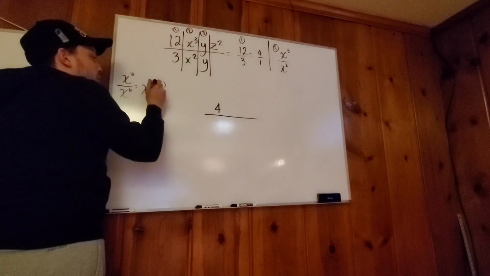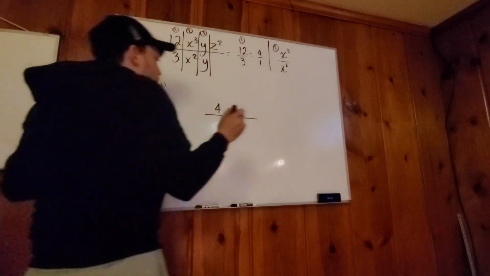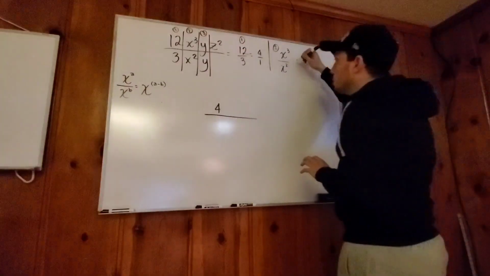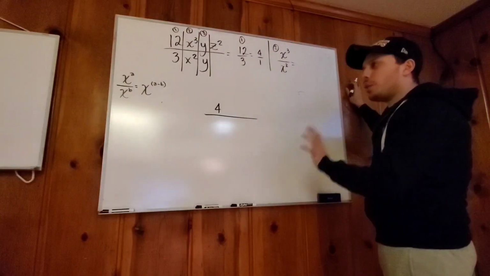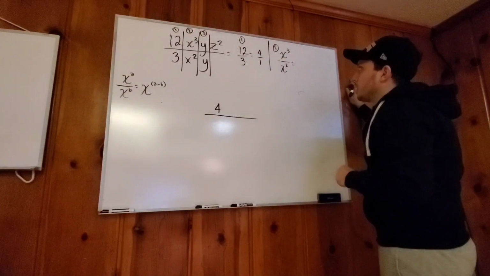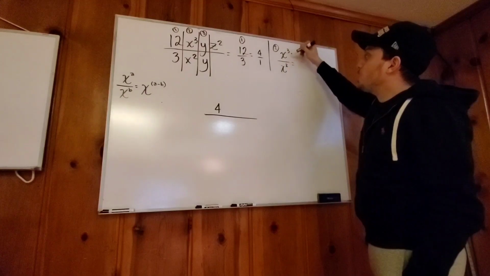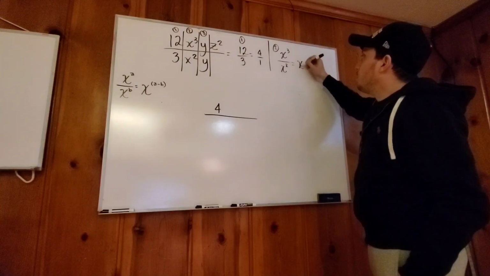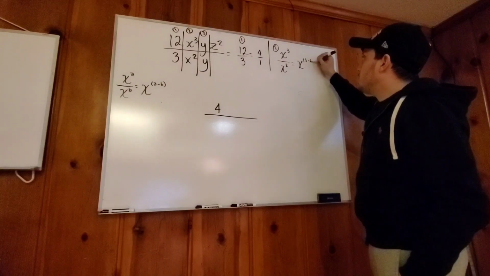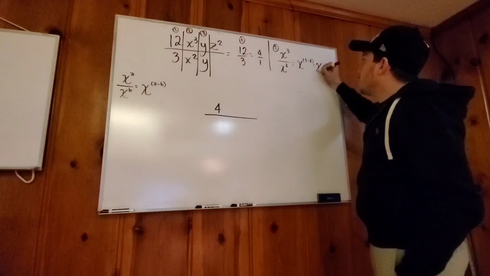So it's going to be x to the a minus b. Well, this example is very useful for this particular example. And so we're going to have x cubed and x squared. Well, x cubed is going to be x to the 3 minus 2. And so my second part is going to be x.